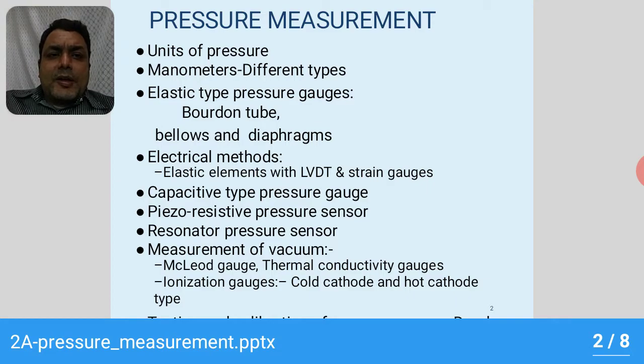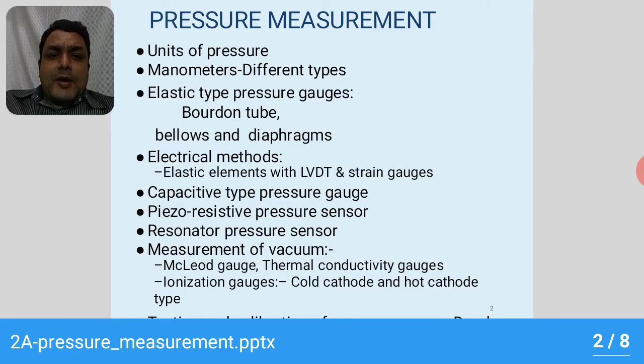Again, we have mechanical pressure gauges like Bourdon tube, bellows, and diaphragms. Again, we have electrical methods with the support of LVDT and strain gauges. We have capacitive type pressure gauges, piezo-resistive pressure gauges, resonator pressure sensors, and apart from these, we need to go for measurement of vacuum.